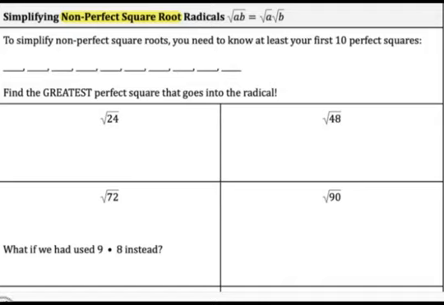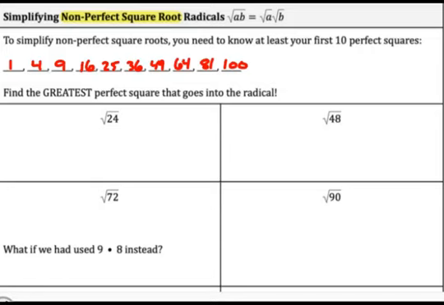Before we do that, you need to know at least your first 10 perfect squares. 1 squared is 1, 2 squared is 4, 3 squared is 9, 4 squared is 16, then 25, then 36, then 49, then 64, then 81, 10 squared is 100.